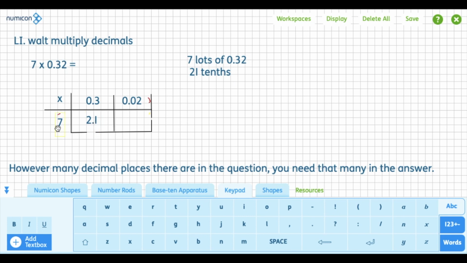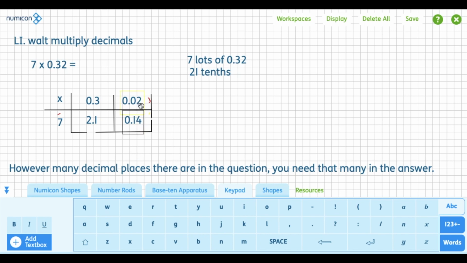And then again, we're going to do 7 times 2 hundredths. So 7 times 2 hundredths is going to be 14 hundredths. All right, but remember I said that 14 hundredths has to have 2 decimal places because there's 2 decimal places in my question. So 14 hundredths is going to look like this, 0.14.